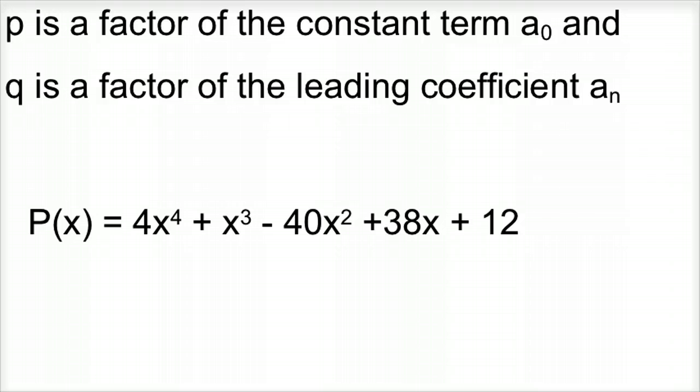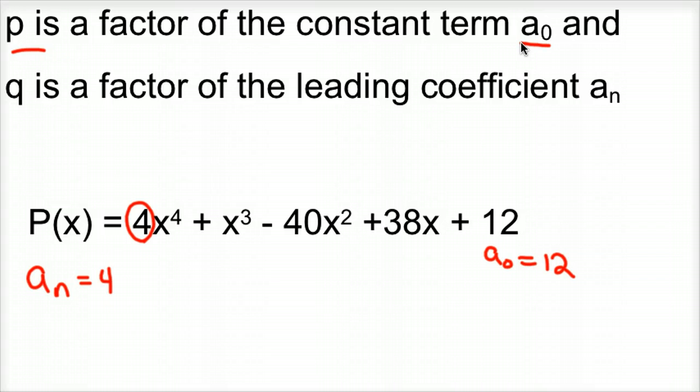So let's say we had a function. Okay, a sub n is this 4. And a sub naught, or the initial a as it's sometimes referred to, is equal to 12. Right here it says p is a factor of a sub 0 and q is a factor of a sub n.